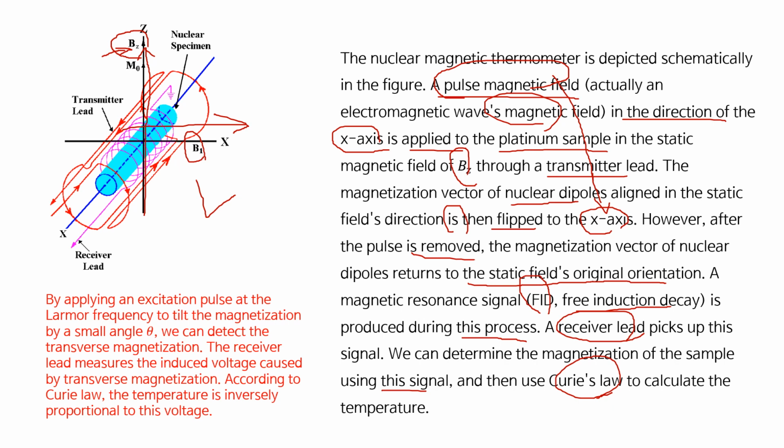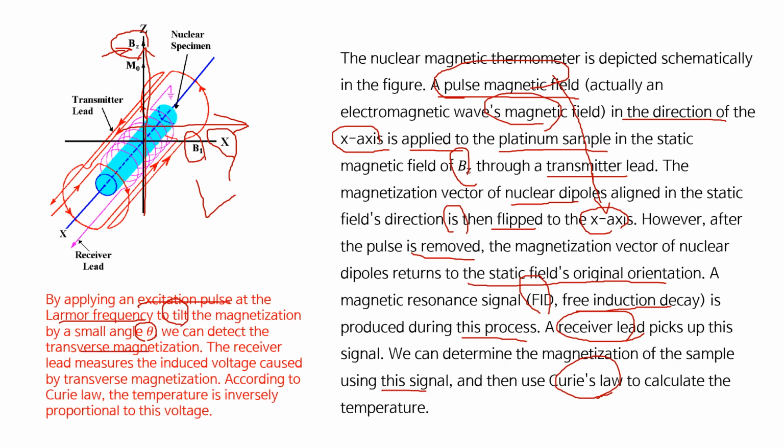By applying an excitation pulse, this pulse in the x direction, at the Larmor frequency, we tilt the magnetization vector by a small angle theta. So we can detect the transverse magnetization.